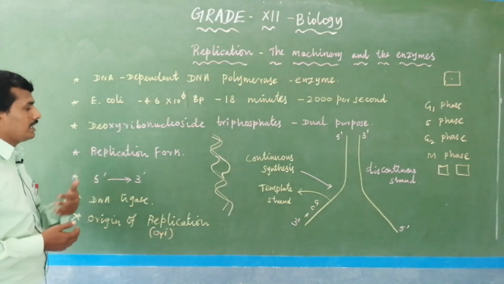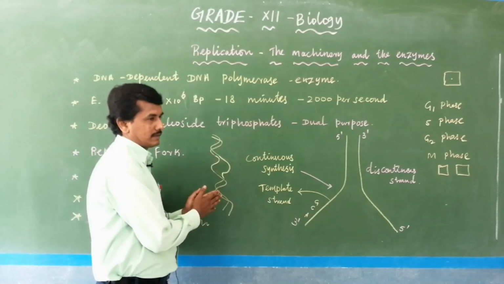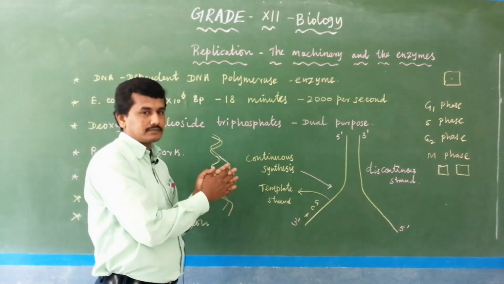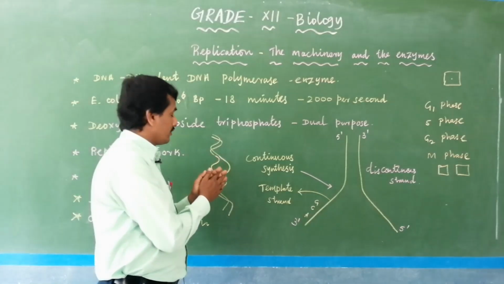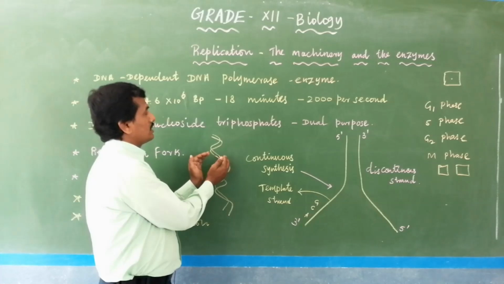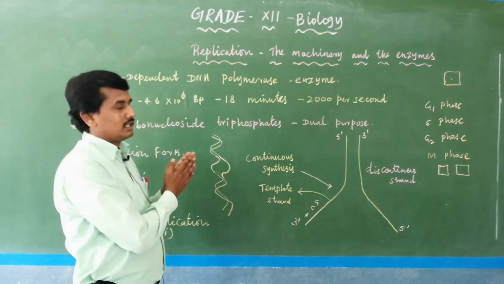Then there is the replication fork. Replication fork means the DNA is present, and replication starts not from the beginning or the top but at any part. At that part the DNA strands get separated.